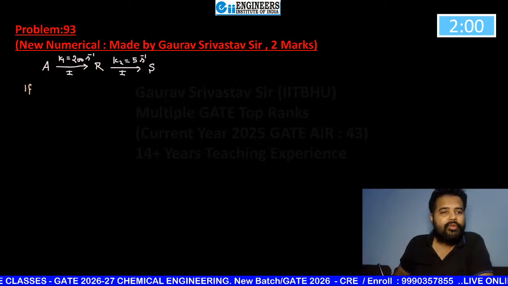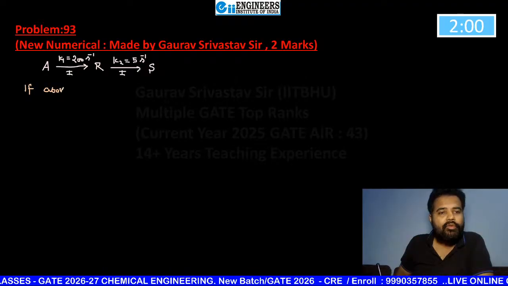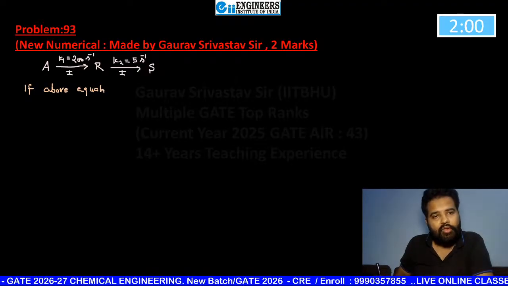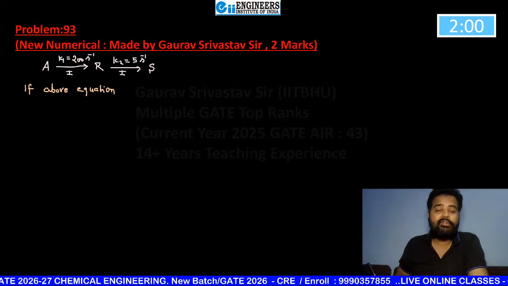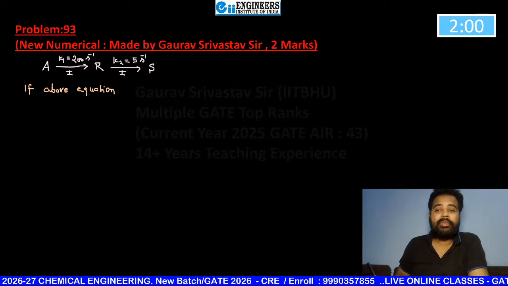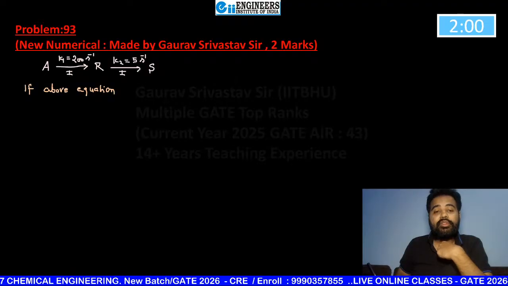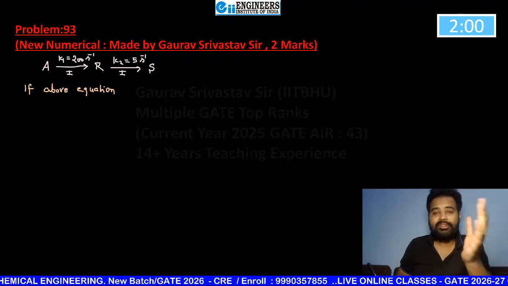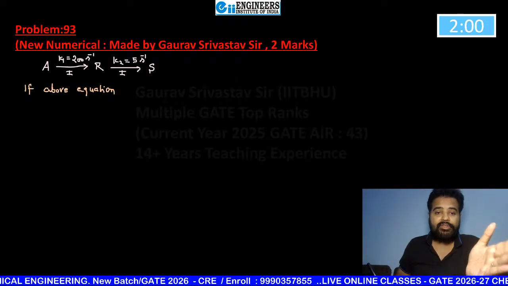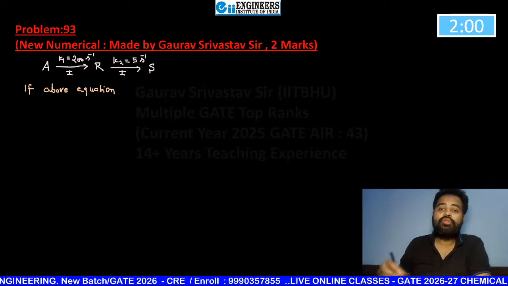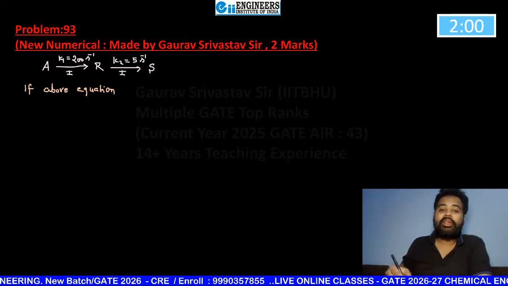Now, I hope you remember that previously we had done an approximation. So again, this two-step first order reaction in series, in which the reaction rate constants are 200 and 5, we are going to approximate the overall behavior.